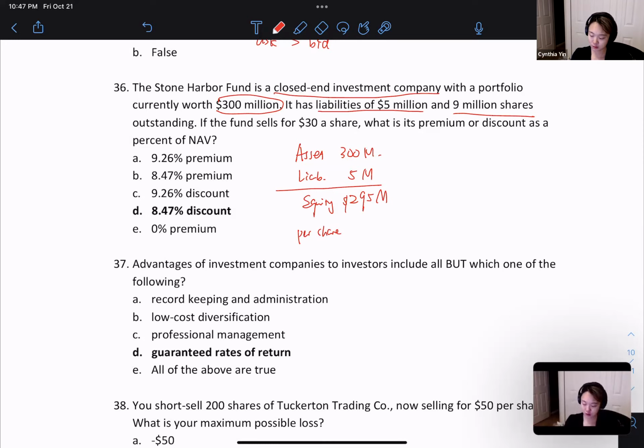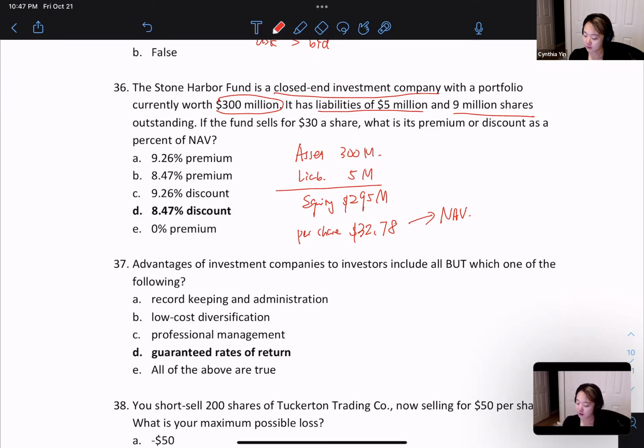It's 295 divided by 9, which equals $32.78 per share. And this is the NAV according to the NAV formula, net asset value.